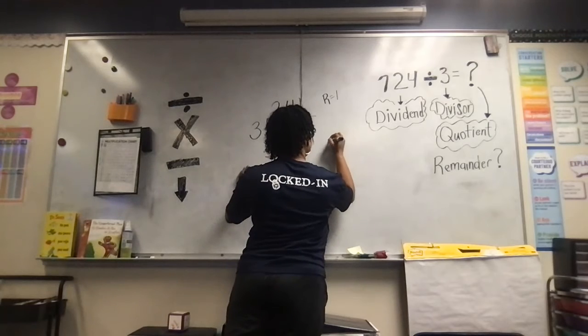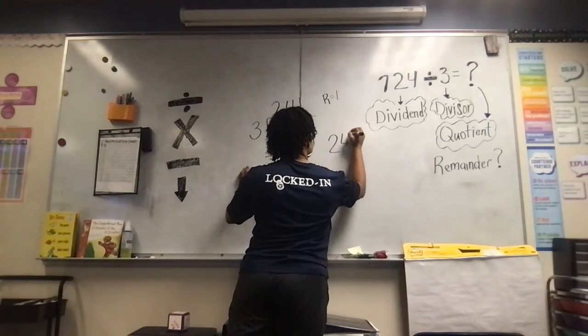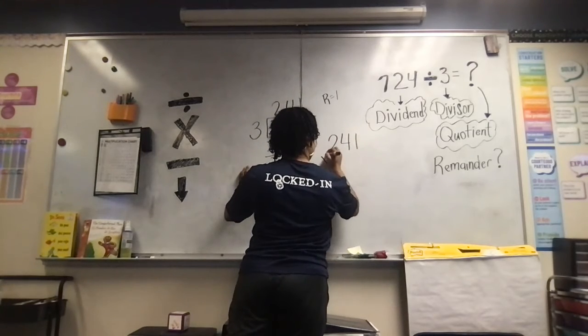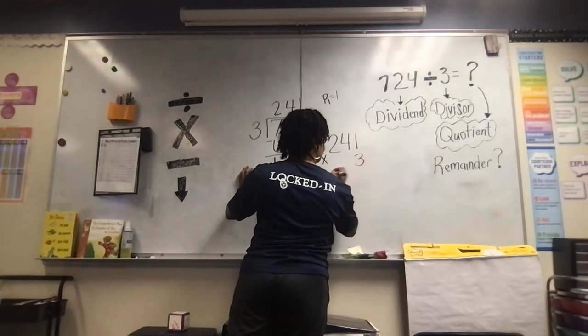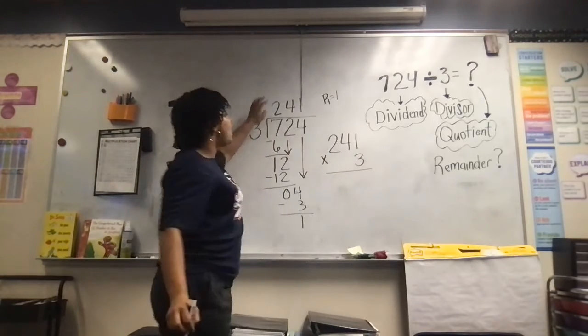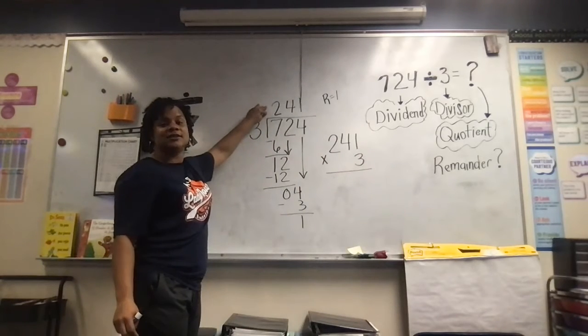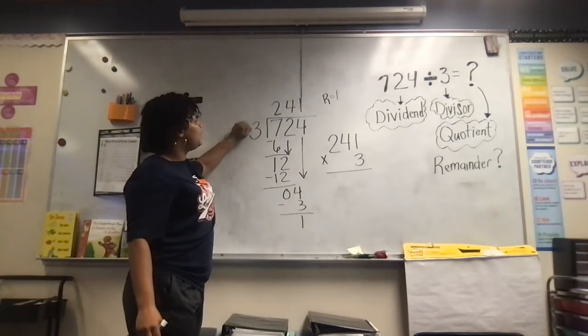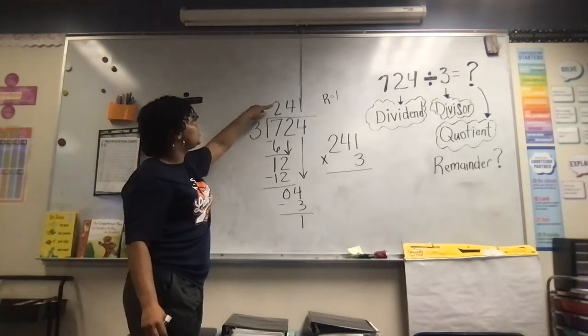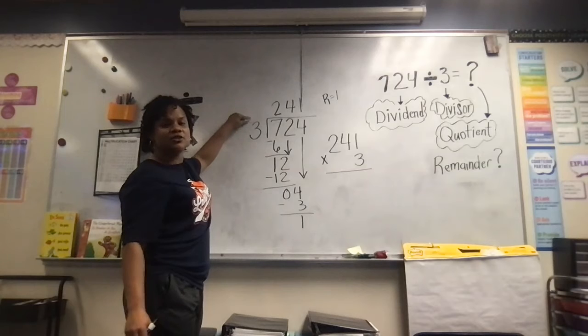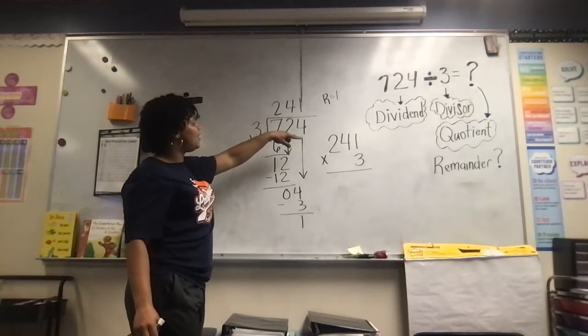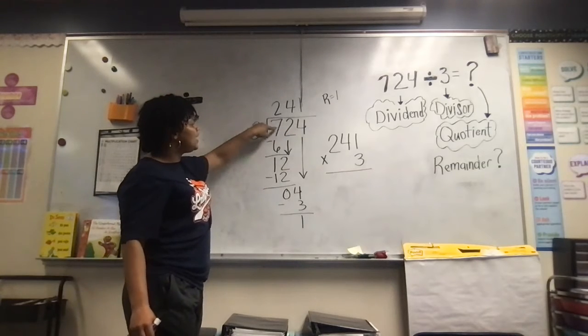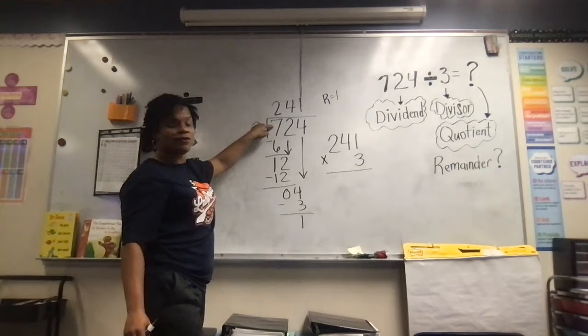We need to see 241 times 3. We are taking our quotient, our answer, times the amount of our equal groups, because 241 shows me 241 went in all 3 of these groups. So I need to multiply that to see if we can get back to our 724.